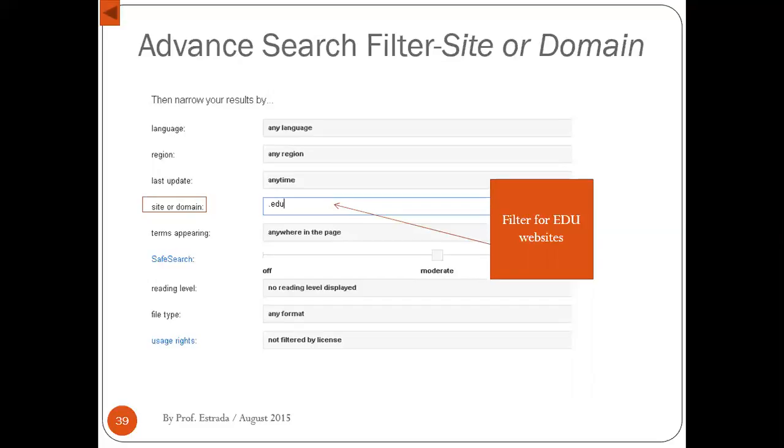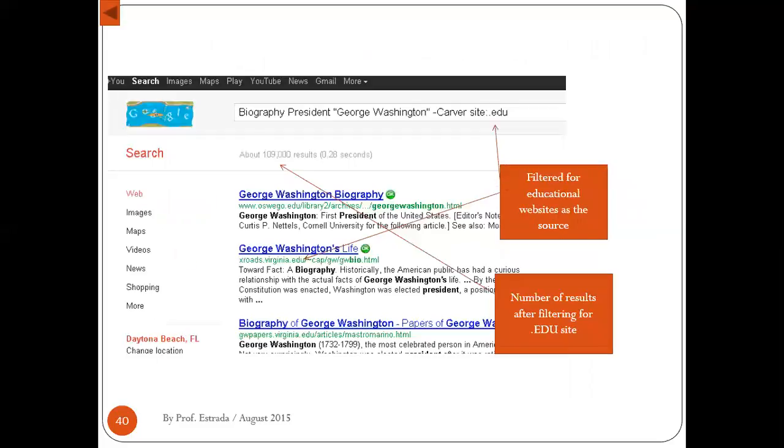Press enter or click advanced search. Take a look at the results page. At the search box, the Boolean expression now says site:.edu. Also notice that the links for the results all show that they are from educational institutions.